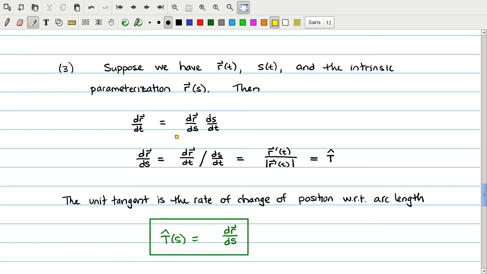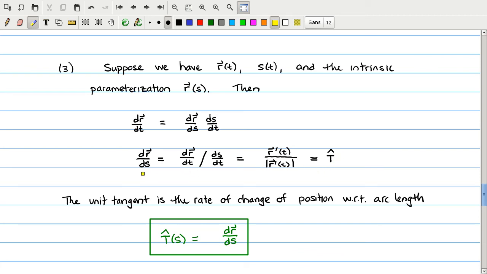Now, I can solve for dr/ds, and that gives me dr/dt over ds/dt. We've already seen that dr/dt is called r prime, and that ds/dt is the magnitude of r prime of t. And so this fraction we've also already seen before. This is the unit tangent.